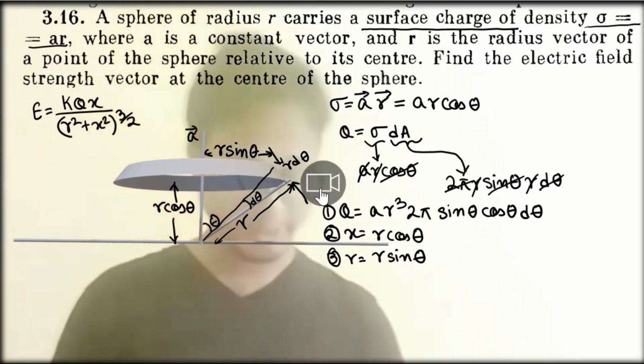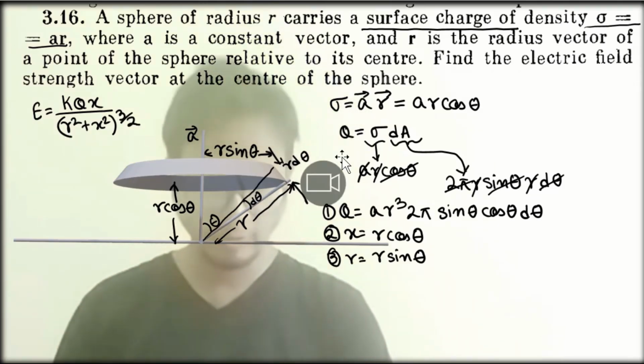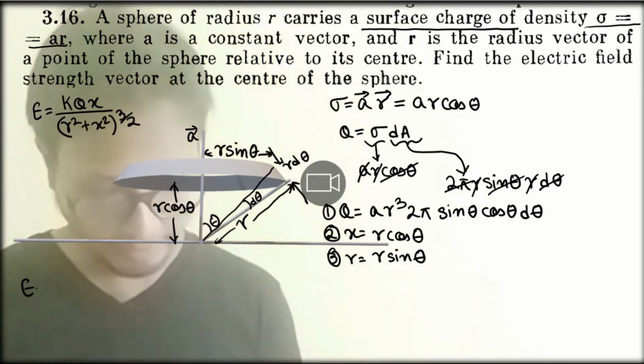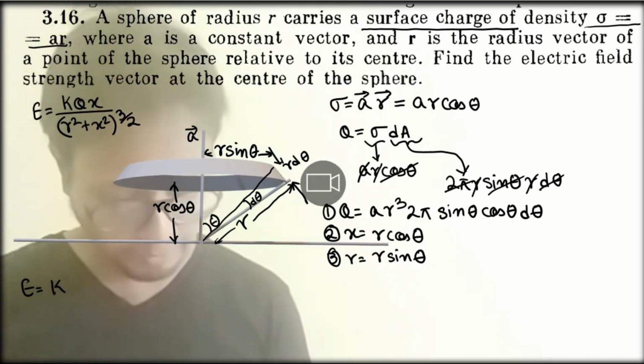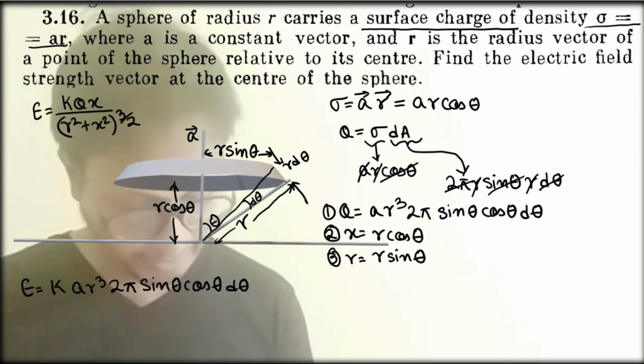Now if you substitute all these three in this formula for the electric field of a ring, what will I get? E is equal to k, the value of q is A R cube 2 pi sine theta cos theta d theta, into x.